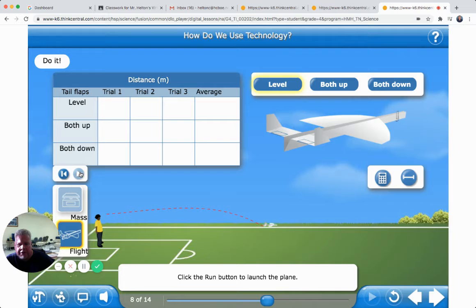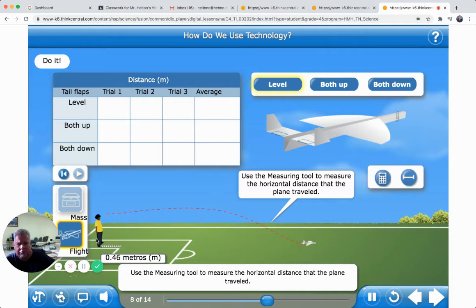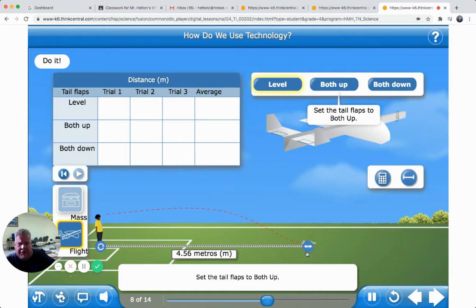Looks like it flew pretty good to me. Click the measuring tool to open it. Use the measuring tool to measure the horizontal distance that the plane traveled. From here, it goes all the way over here. 4.56 meters. Set the tail flaps to both up.